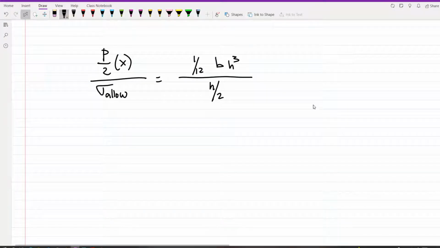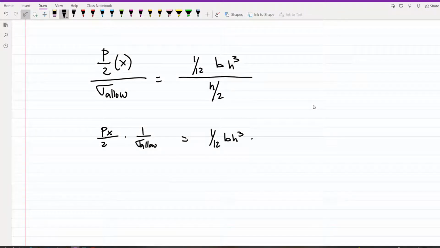Ayusin muna natin. Bale, ito ay px over 2, times 1 over sigma allow, is equal to 1 over 12 bh cubed times 2 over h.